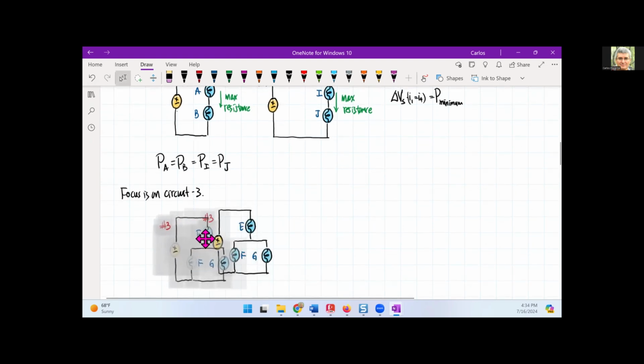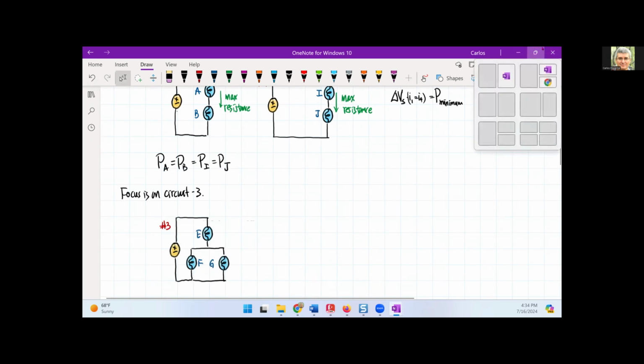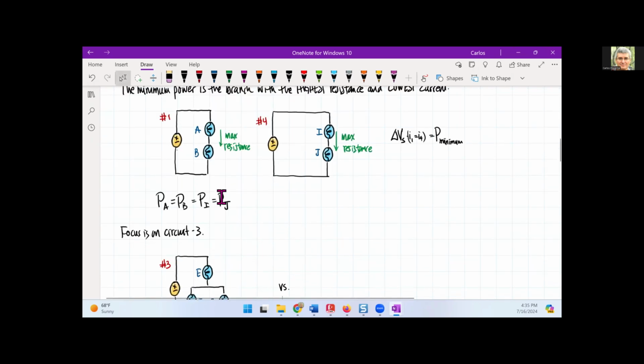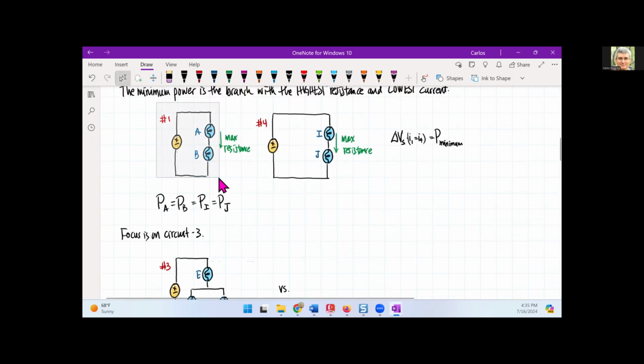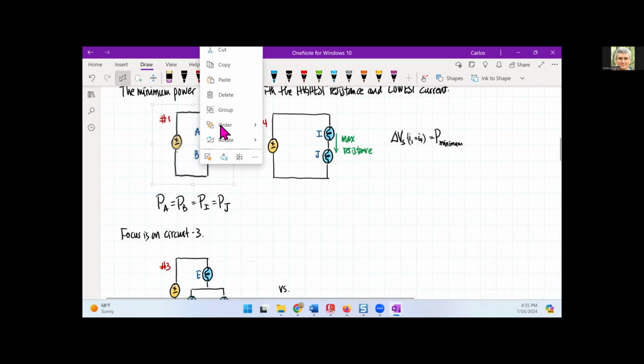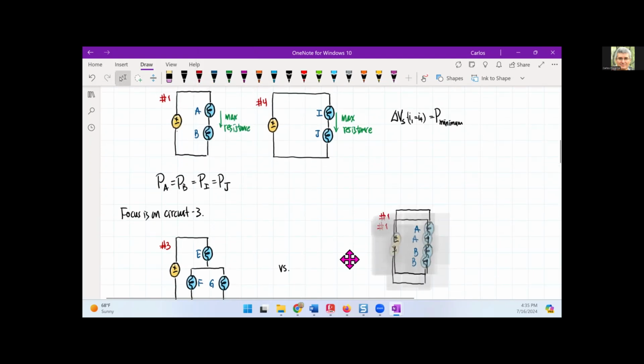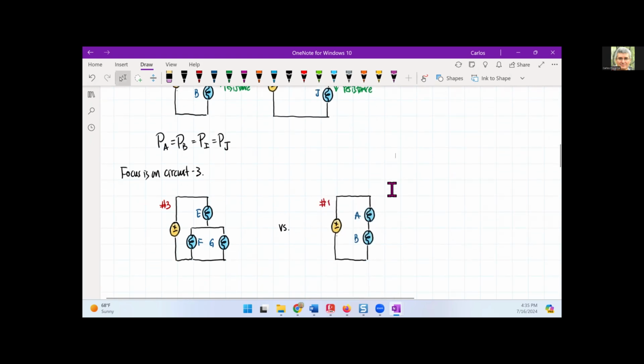So let's see if I can paste this guy. And here she is. Now, what I want to do is that I need to compare it to something. So what I'm going to do here is that I'm going to compare this guy to this circuit right here. So if I compare these guys, what do I see here? Well, the one thing you want to pay attention to here is that look what's going on.